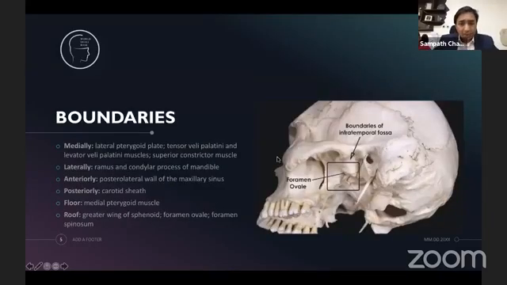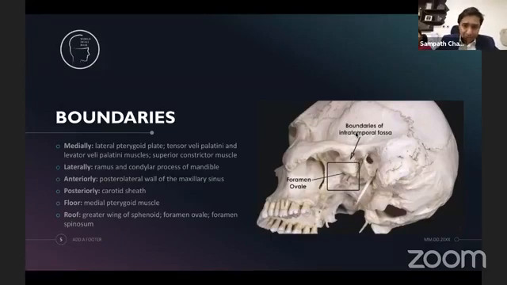Now, again, going back to the boundaries, medially, the infratemporal fossa is bound by the lateral pterygoid plate, the tensor veli palatini muscles, the levator veli palatini muscles, and the superior constrictor muscles, which are all muscular attachments to the base of the skull. Laterally, again, the ramus of the mandible and the condylar process of the mandible, the articular surface of which sits in the glenoid fossa.